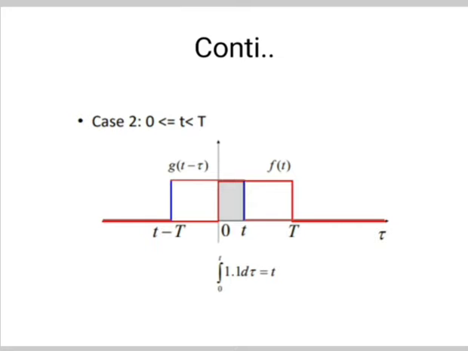The second case is if t is greater than or equal to 0 and less than T. If it is greater than or equal to 0, there is an overlapping of the signals.